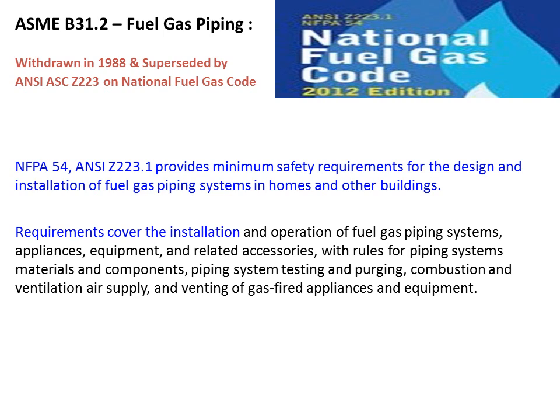Requirements cover the installation and operation of fuel gas piping systems, appliances, equipment, and related accessories, with rules for piping systems, materials, and components, piping system testing and purging, combustion and ventilation air supply, and venting of gas-fired appliances and equipment.